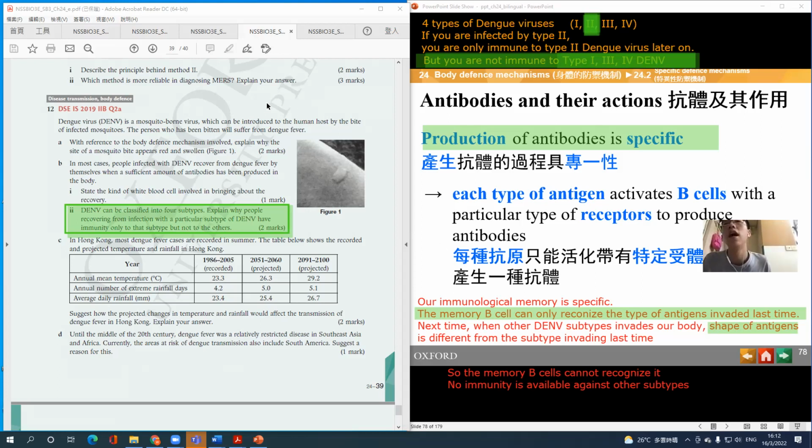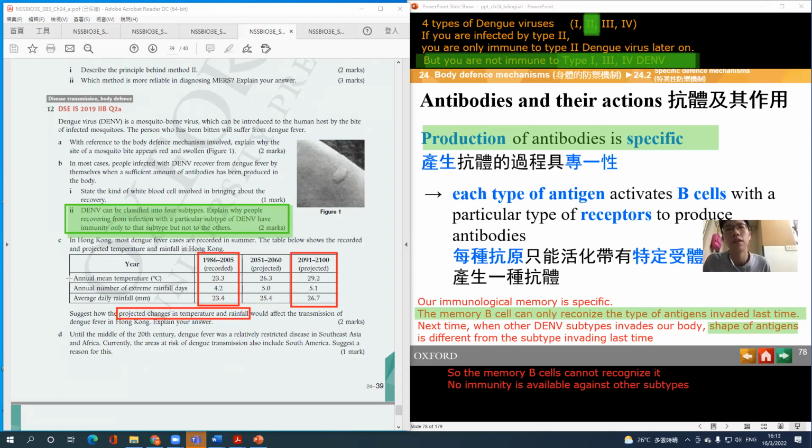Romana, I need your response now, not just to say yes. Suggest how the projected changes in temperature and rainfall. Tell me what is going to be the change here from the old days to the new days to the future.